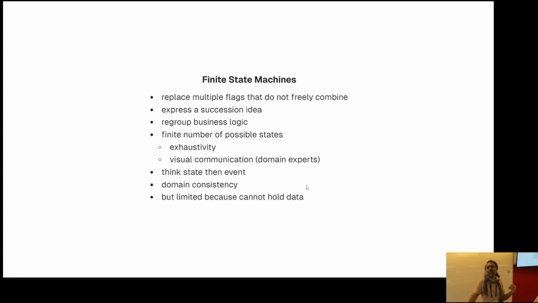Domain consistency. By this, I mean that by thinking of state first, for example, you have a state where you can accept a payment, and a state where you can access what you have paid for. It doesn't make sense to accept a payment in the state you have paid for.